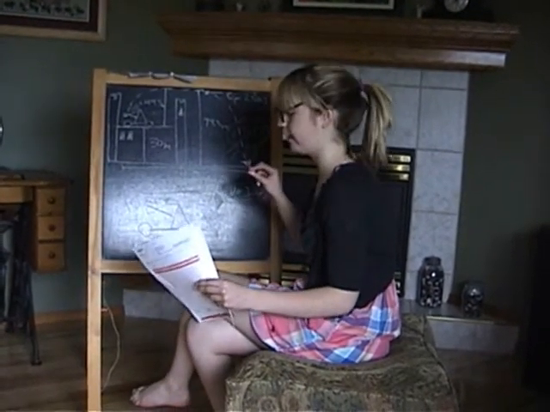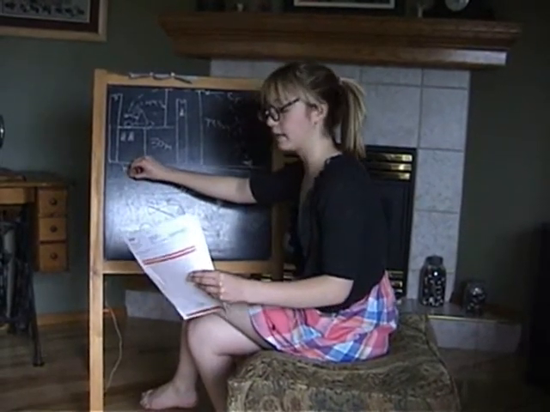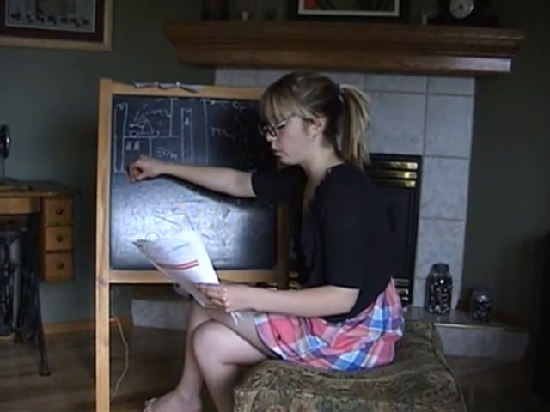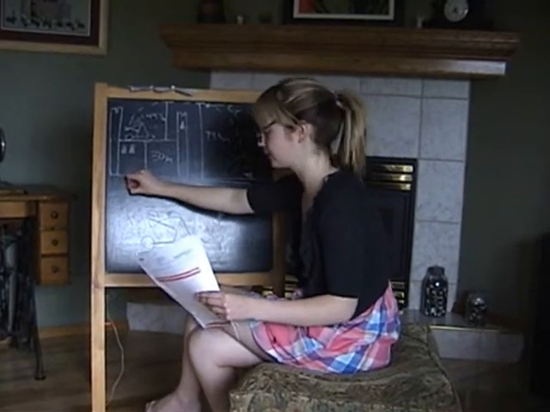After we have calculated the velocity, we are able to calculate the time up. Calculating the time up is done by the average over a. We get a time up of 3.0 seconds.